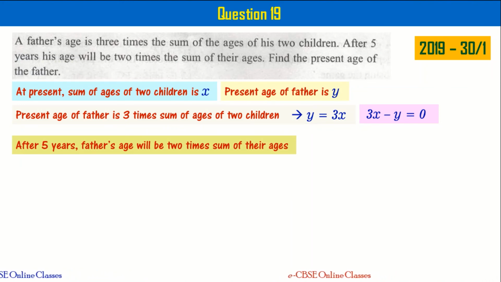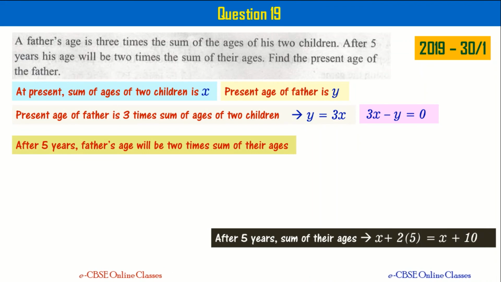After 5 years, the father's age will be 2 times the sum of the ages of the children. You take a note here. After 5 years, the sum of the ages of the children is going to be x plus 10. Why? Because there are 2 children and they are aging, means the age increases for each child by 5 years within 5 years, right?